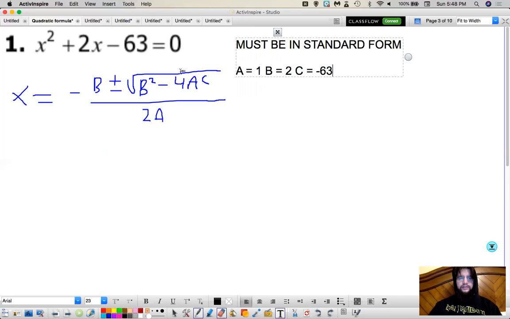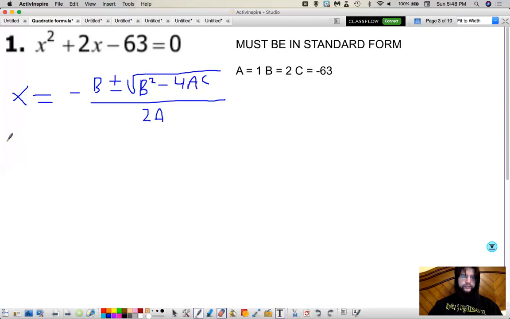Don't forget your signs. From here, you're just plugging it in. x equals negative b, which is 2. So you can put it in parentheses if you need to. If b is negative, it's going to be negative negative 2, whatever. Just plug it in. If you're bad at plugging things in, just put everything in parentheses.